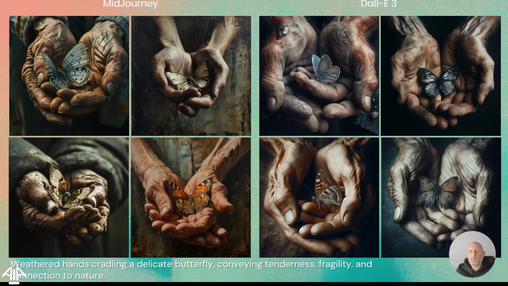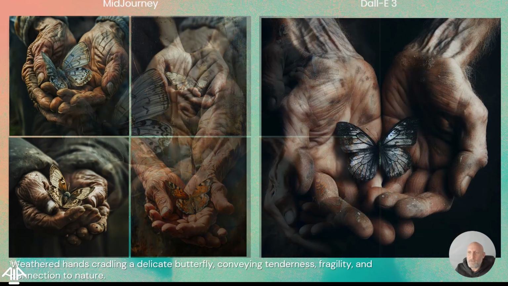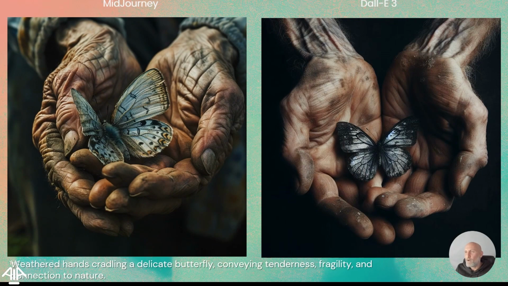The next image is weathered hands cradling a delicate butterfly, conveying tenderness, fragility, and a connection to nature. So both the images really went far with the weathering concept, and the hands look very old and very wrinkly. But all in all, what I wanted to check here is how it handles the fingers. And I took the best images of each model where the hands were rendered as close as possible to actual hands.